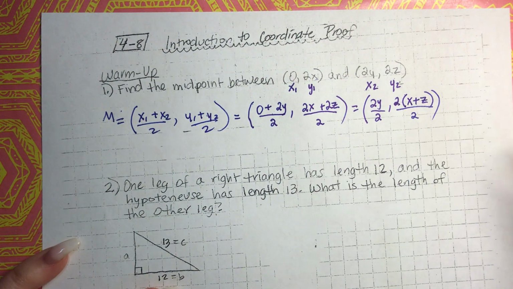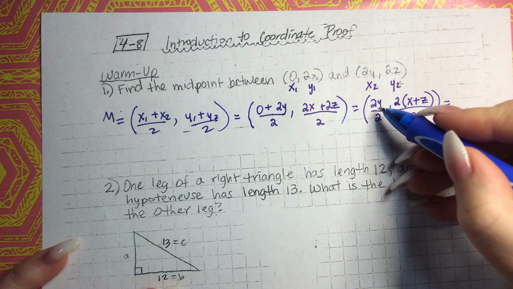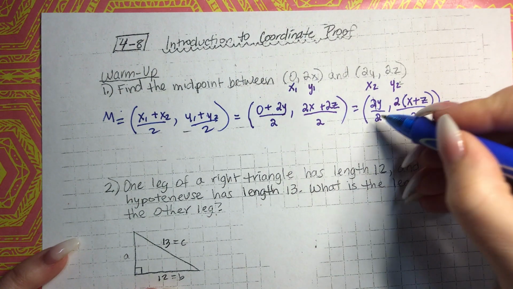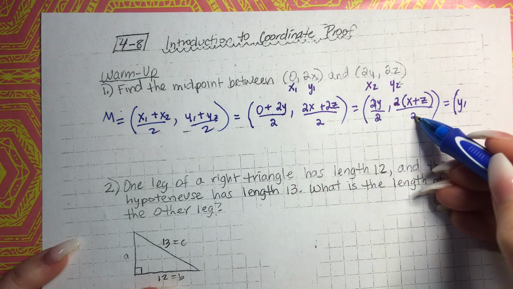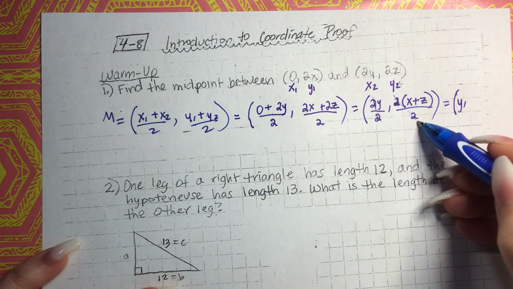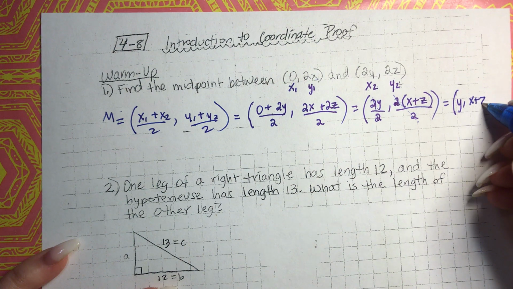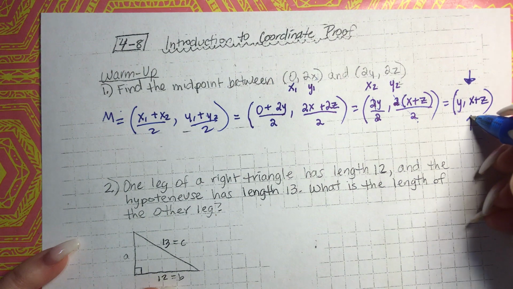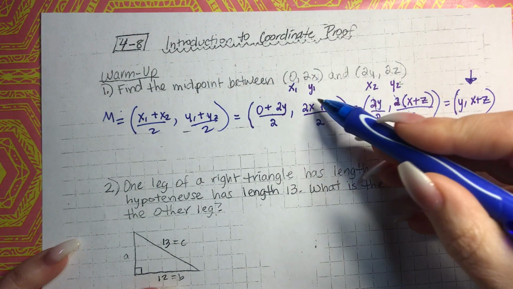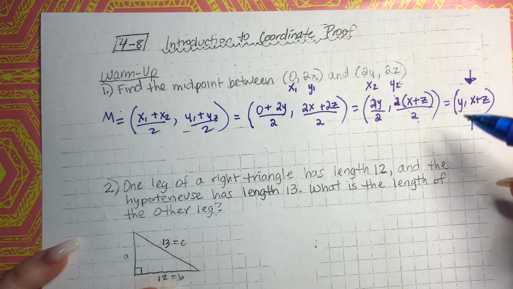And then watch what happens. 2 divided by 2 is 1, so we're left with y. And right here, same thing, 2 divided by 2 is 1, and we're left with x plus z. So if you got that as your answer, great job. If you didn't get that and you stopped here, you need to go ahead and simplify further.